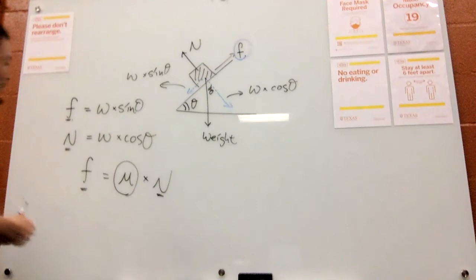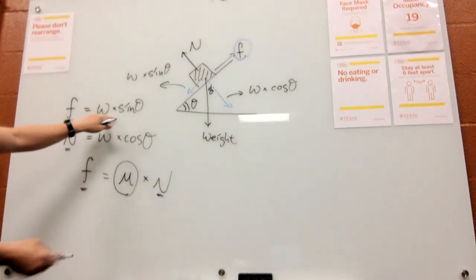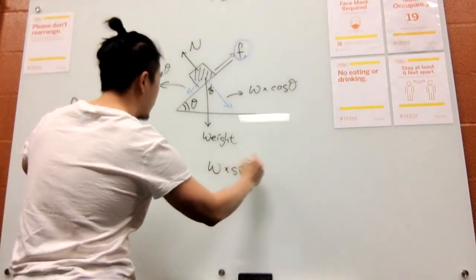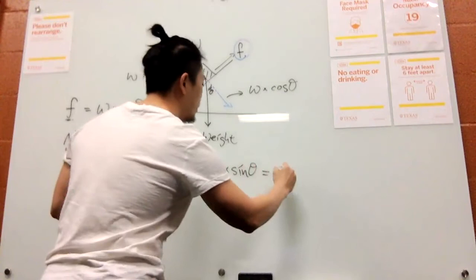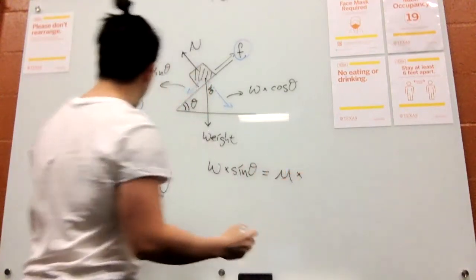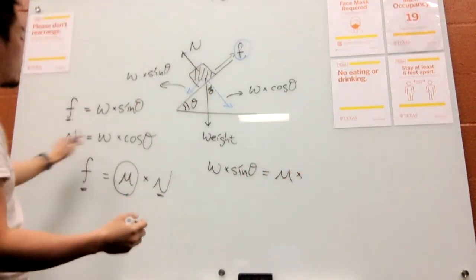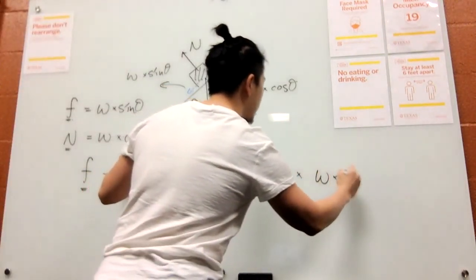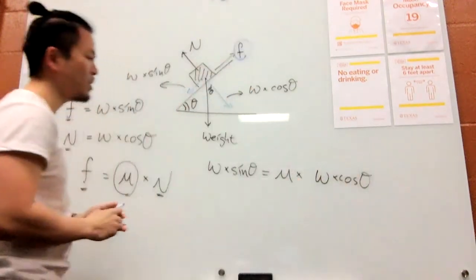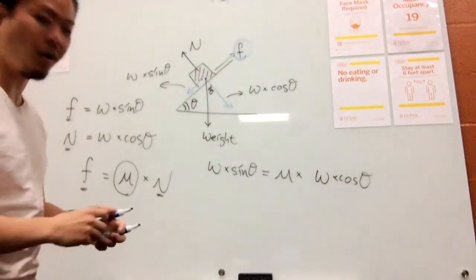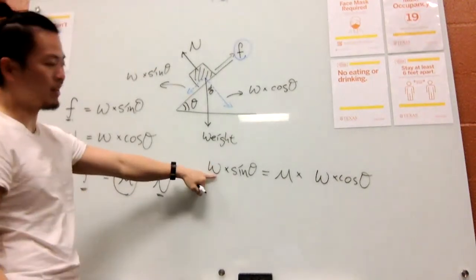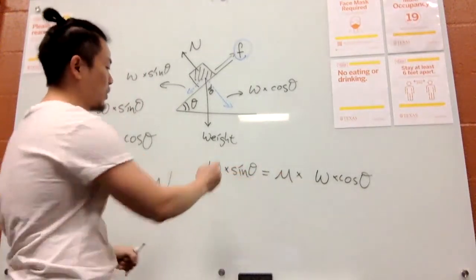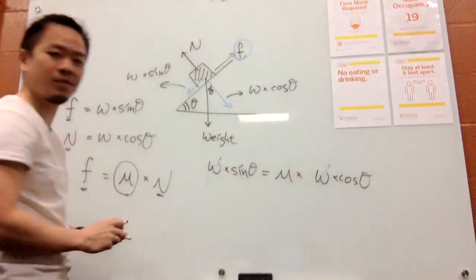So let's do the magic. Friction equals weight times sine theta. So we list it here: weight times sine theta equals mu times normal force. The normal force is weight times cosine theta. So we know with some high school math, there's weight on both sides of the equal sign, right? So you can cancel it, weight and weight.